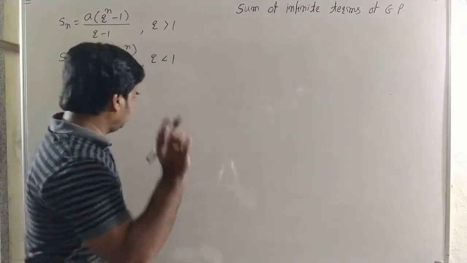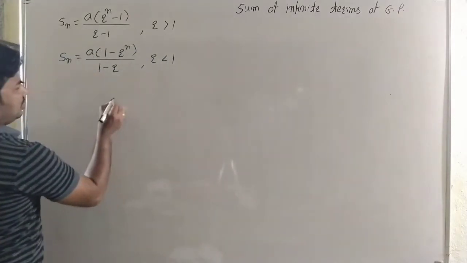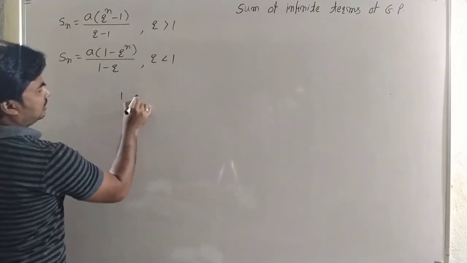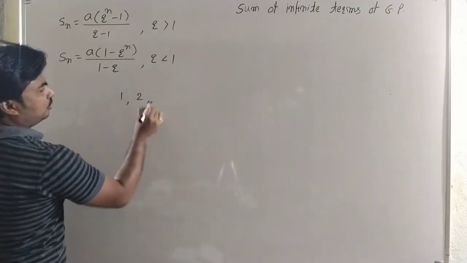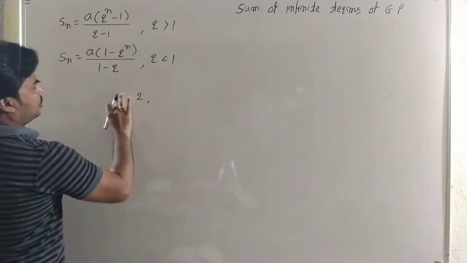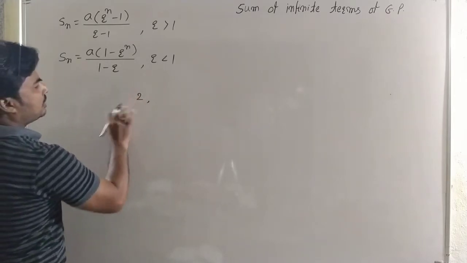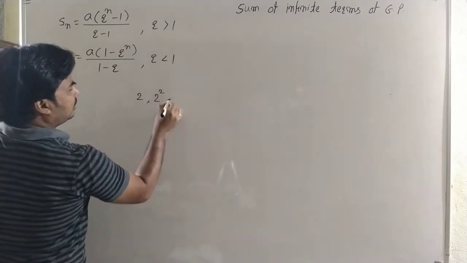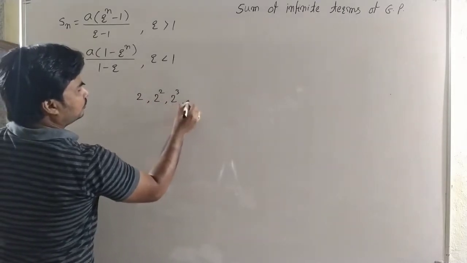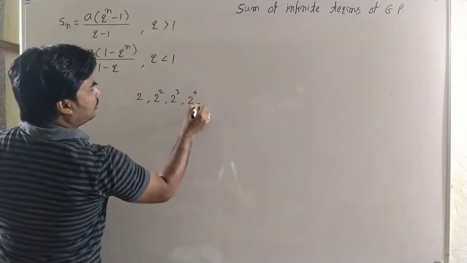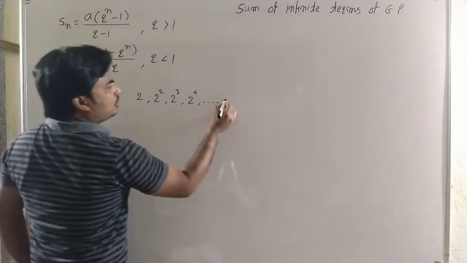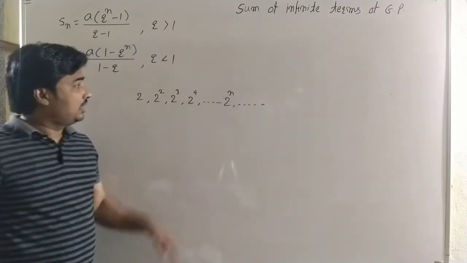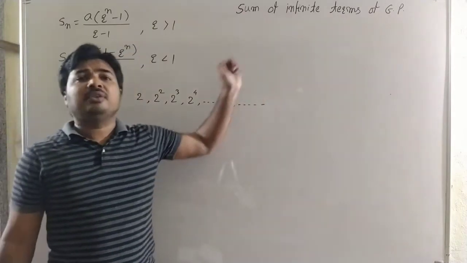Here, see carefully. Take a sequence: suppose the first term is 2, then 2 square, 2 cube, 2 to the power 4, like that, up to 2 to the power n and beyond. That means the nth term is infinite.